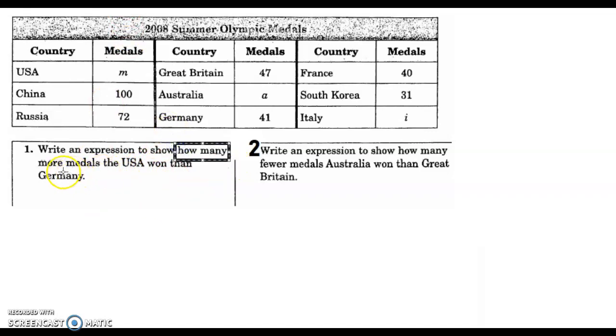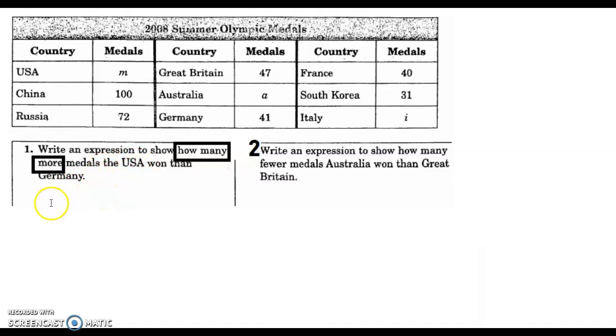I know some of us want to say we're going to add. And that would give us the total. Like if I was to add Germany plus USA's medals, it wouldn't really give me how many more USA has, right? It would give me a total of USA and Germany. And that's not what it's asking us for.